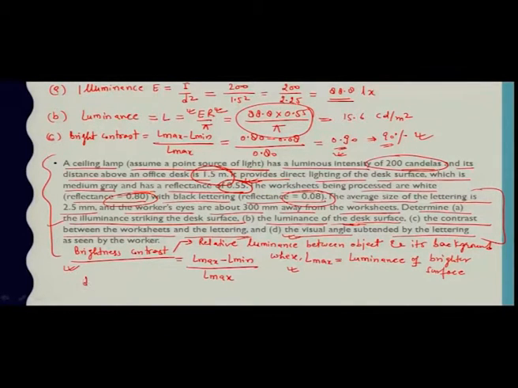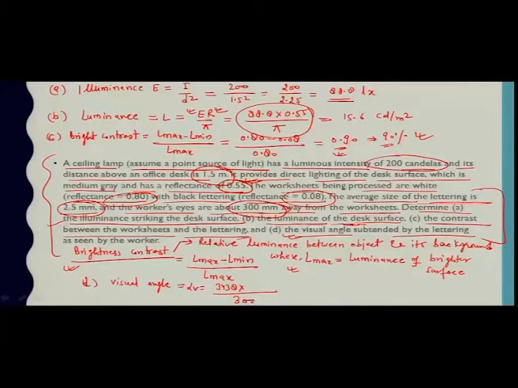This visual angle can be calculated as alpha v equals 3438 times height upon distance. The average size of the lettering is 2.5 mm and the worker's eyes are about 300 mm away, so distance is 300 mm.